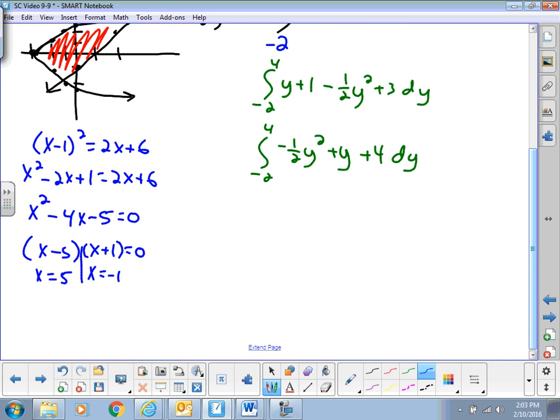And now we're ready to take the antiderivative. Y squared will become a y cubed. We divide by 3, so we'll end up getting negative 1/6 out front. We'll have 1/2 y squared plus 4y, and we're going to evaluate it from negative 2 to 4.